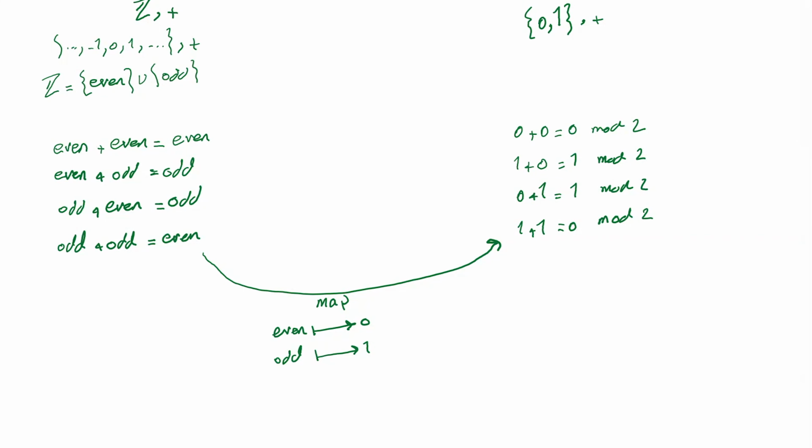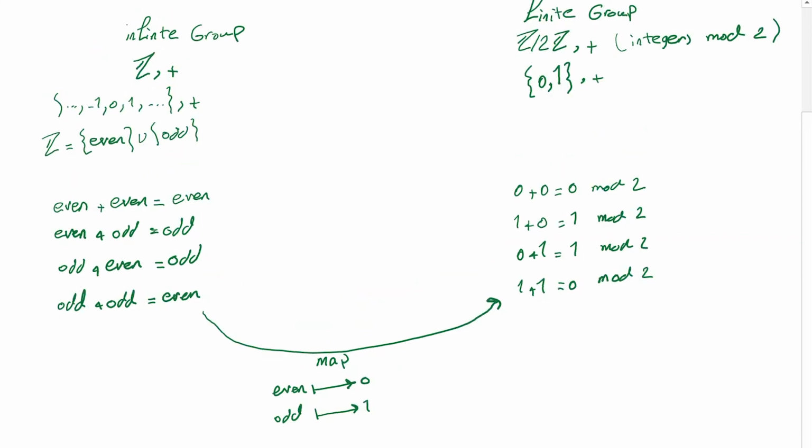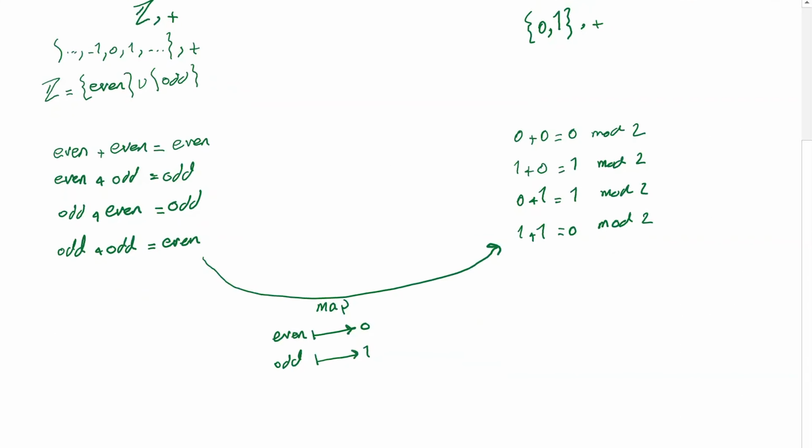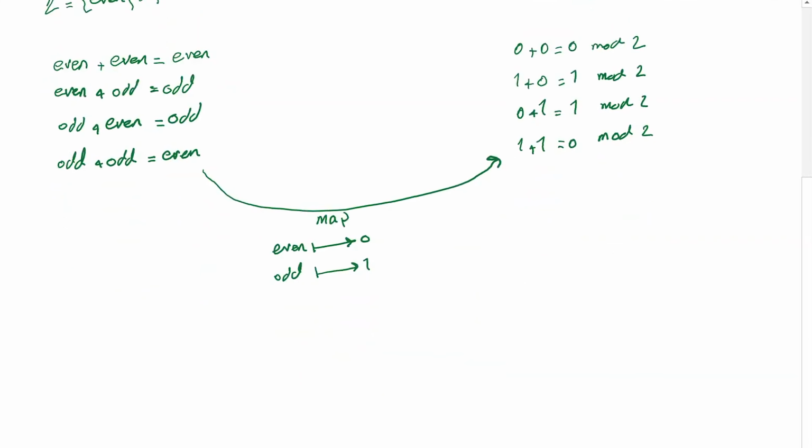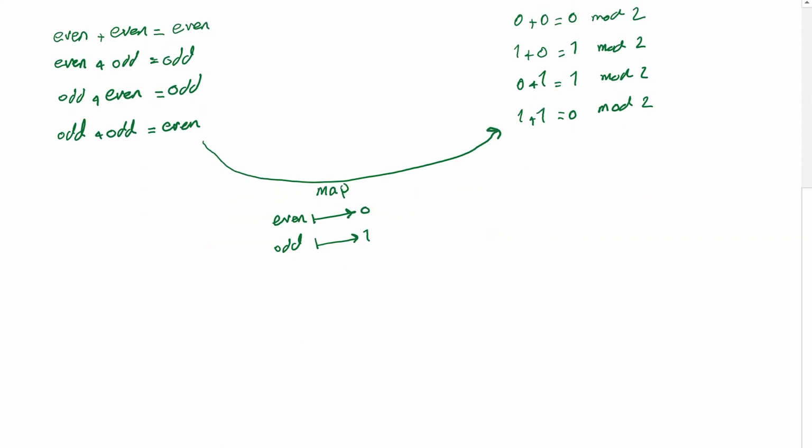So it is interesting, right? A group that is infinite, where we don't have any restriction on the elements, and the operation is addition. With just a slight modification, you see that these two groups are sort of similar to one another. So, mathematically, to define this similarity formally, we can define a function f that takes an element from this group Z and maps it to this group Z2.